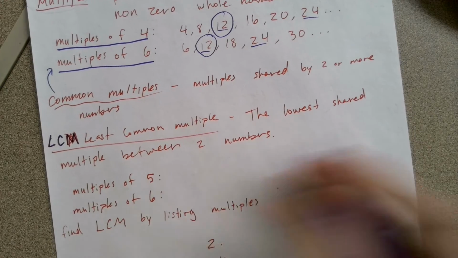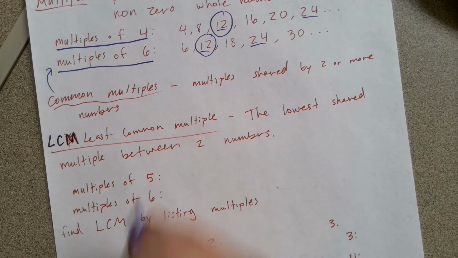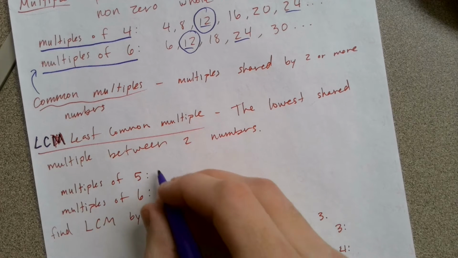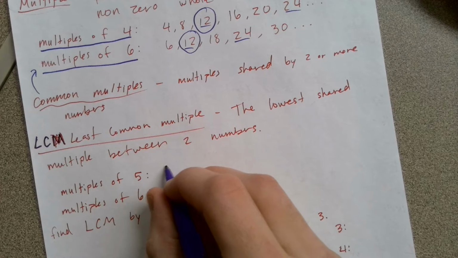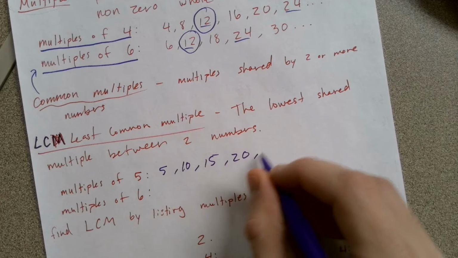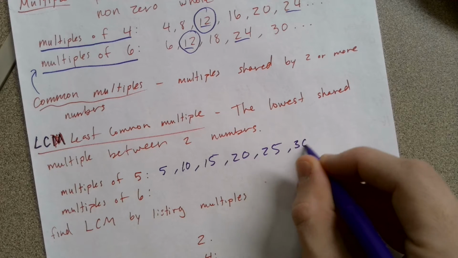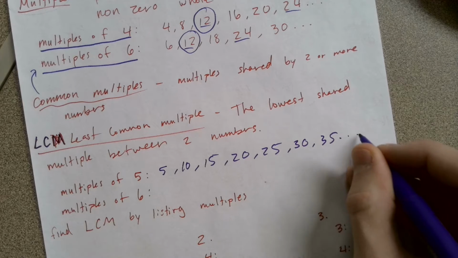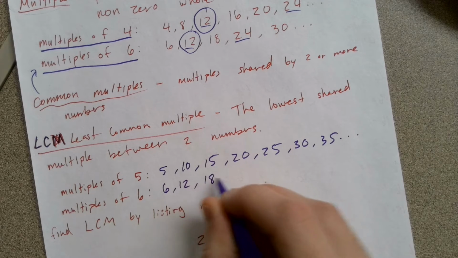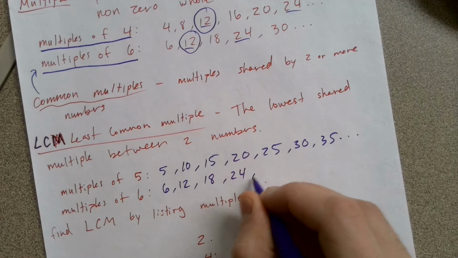So I'm going to start by listing out my multiples here. We're going to do it for 5 and 6. So I'm going to do 5, 10, 15, 20, 25, 30, 35, and we'll stop there for now. 6s, we're going to go 6, 12, 18, 24, 30.